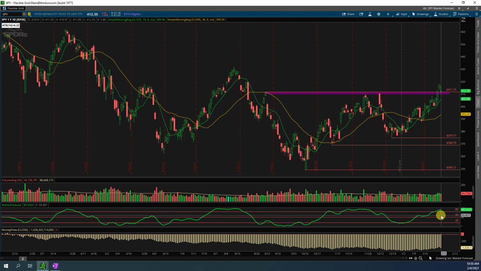You see that it was on Friday, market forecast was 89.54, and then Thursday was 89.58.59. So it's kind of like moving, pointing down a little bit.